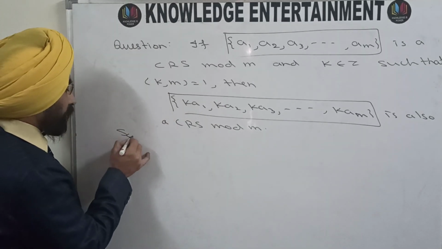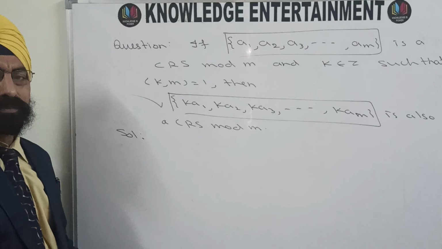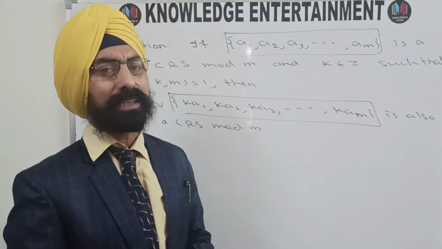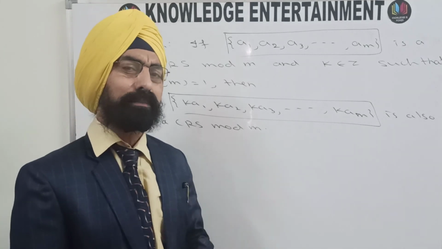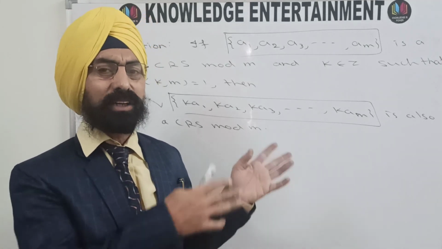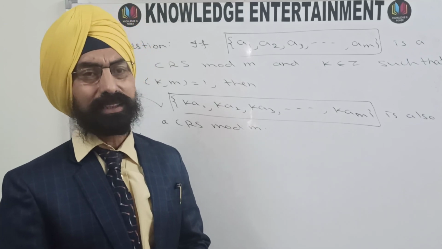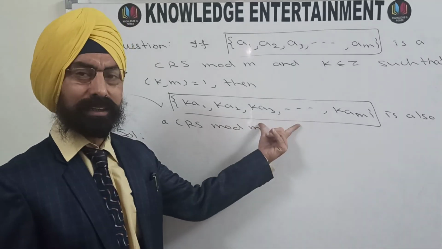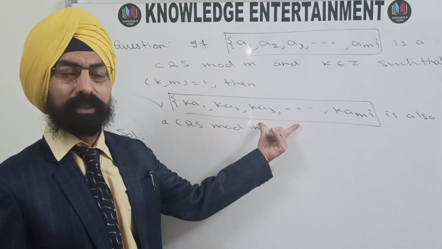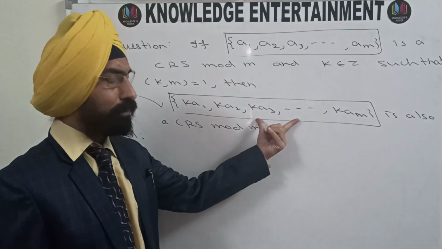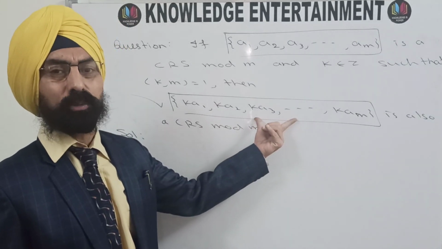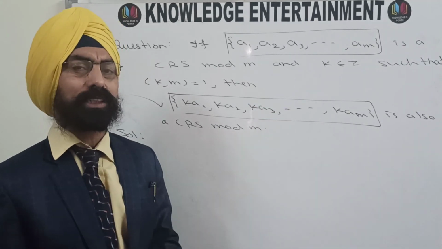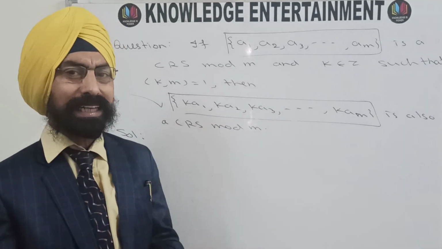Note how many members there are: KA1, KA2, KA3, up to KAM, so exactly M members. And if you have exactly M members, then either of two conditions needs to be checked. Either you show that for every integer x there is exactly one member here which is congruent to x modulo M, or you show that no two members of this set are congruent to each other modulo M. Either of the two conditions will show that this is a complete residue system modulo M. So I will take the second one.